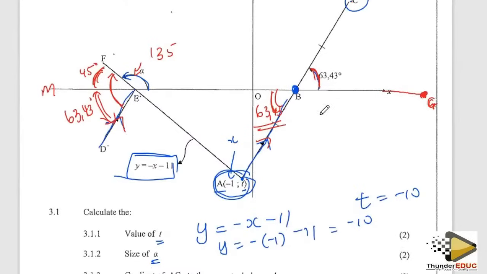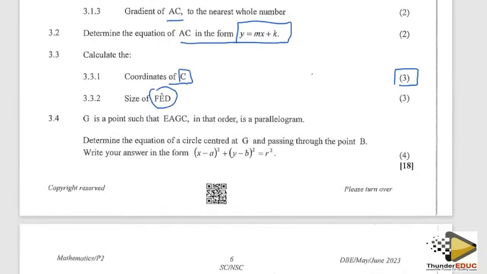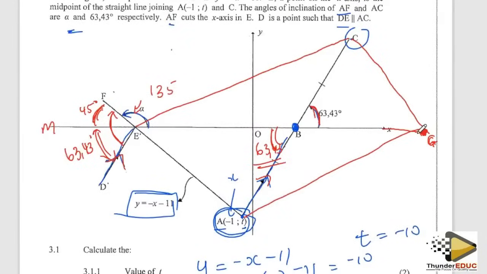So if I connect this to that, this to that, and to that. What do they want me to do? Question, what are you asking for? You want the equation of a circle that is centered at G and passing through B. So which means I need to find the coordinates of G. That's what they're indirectly asking for.